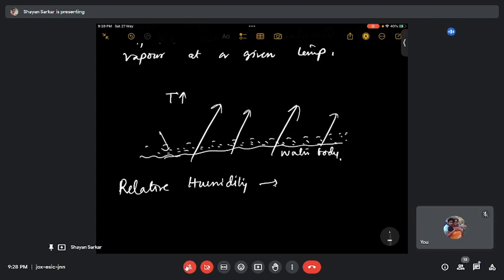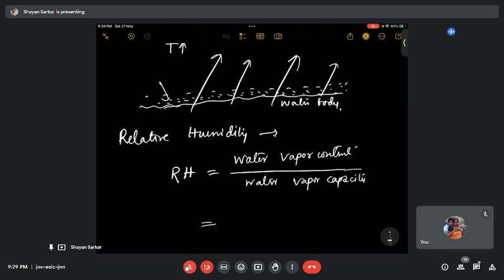Okay, so if we denote it as RH, RH is simply a ratio between water vapor content and water vapor capacity.